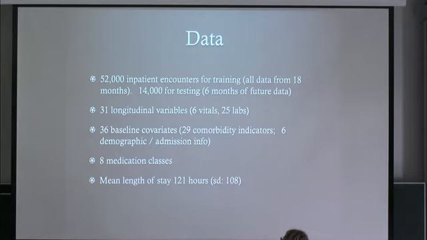So there were a bunch of comorbidity indicators, like if you have another problem simultaneously, like diabetes, and 6 demographic variables, like your age, your race, that kind of thing. There were 8 different medication classes, so we looked at medication by class, like were you given this kind of class of medication. And the mean length of stay for a person in the hospital was 121 hours.